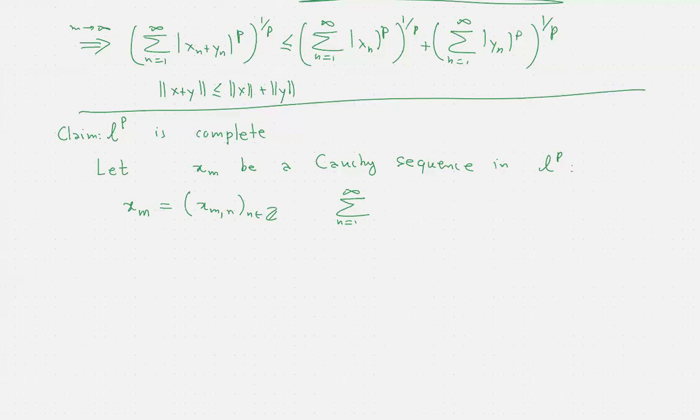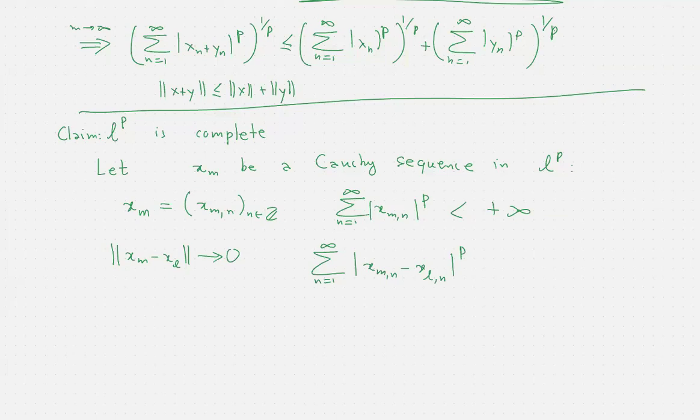Okay, so that's what we know. And also we have that the norm of x_m minus x_l tends to 0. So what this really means is that the sum from n equals 1 to infinity of x_{m,n} minus x_{l,n} to the pth power tends to 0 as m, l tend to infinity.